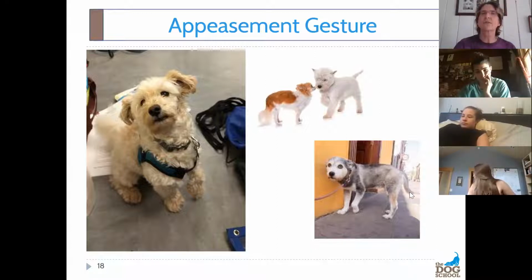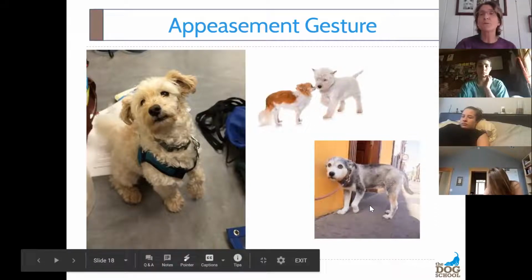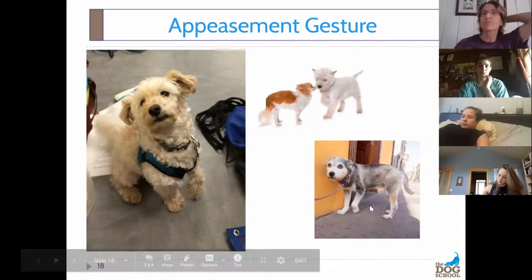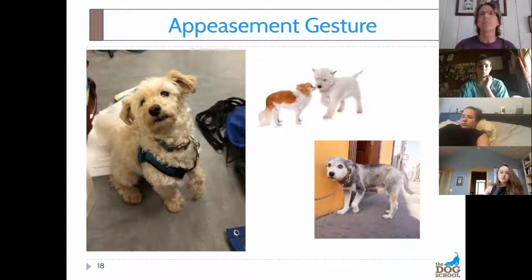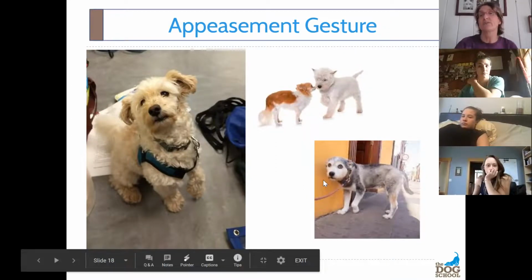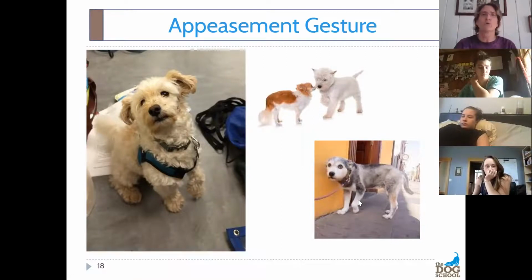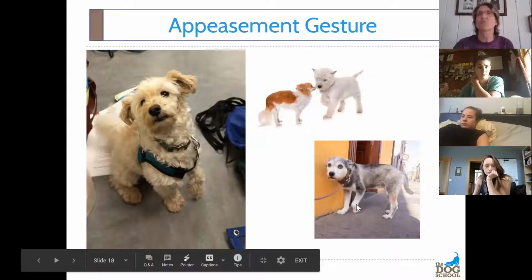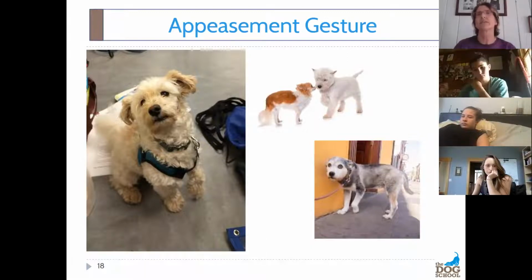So its tail's starting to come down, but its whole front end is hunched, its ears are back, and its mouth is clamped shut. My guess is that most people, even untrained, would say this is a dog that's scared. So it makes sense: you're scared, and you want to appease, in this case, the person that's scaring the dog.